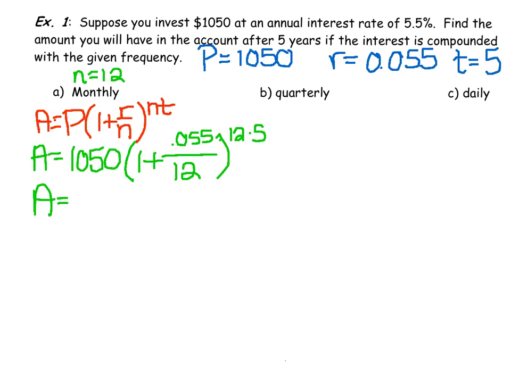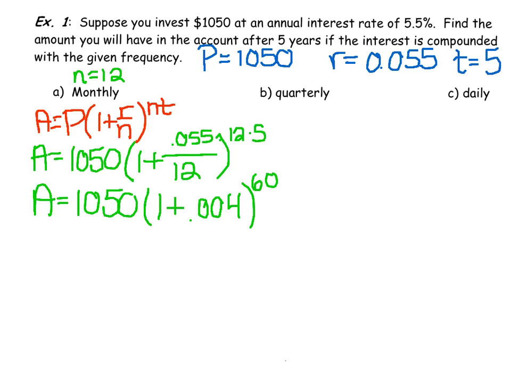Use your calculator. You can plug this in. We get 1,050 times 1 plus something like 0.004, blah, blah, blah, to the power of 12 times 5, which is 60.